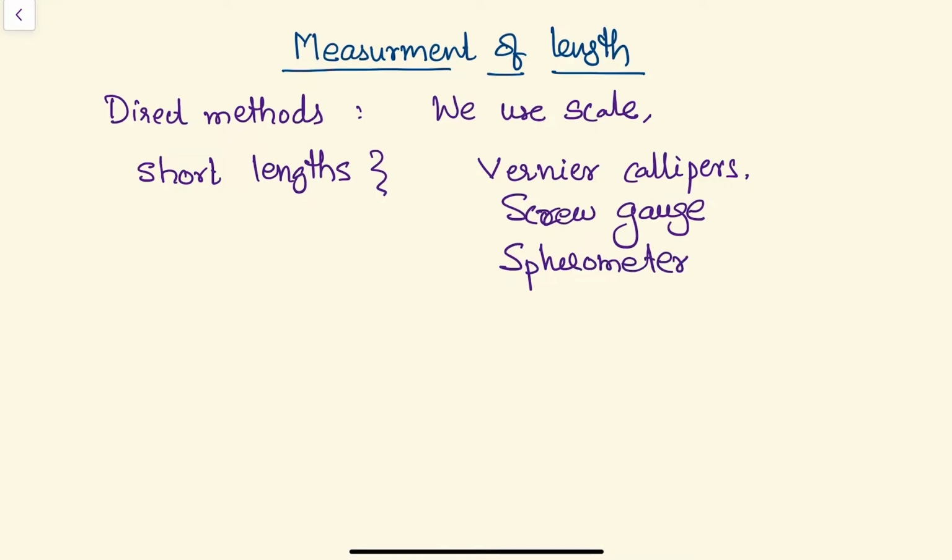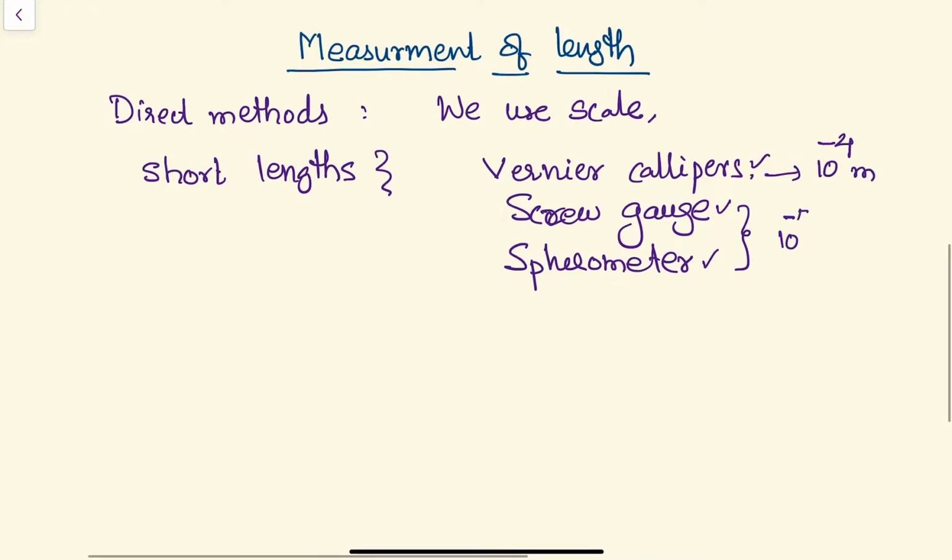These are the devices you will see in the next practicals also, which can be helpful to measure the shortest distances. The vernier calipers have an accuracy of about 10 power minus 4 meters, and the screw gauge and spherometer about 10 power minus 5 meters.